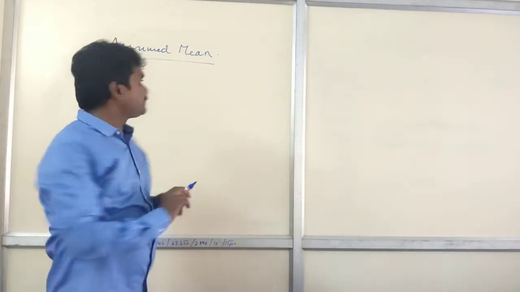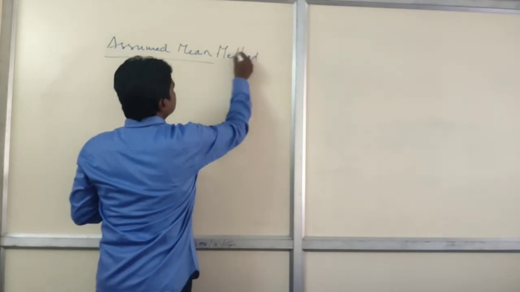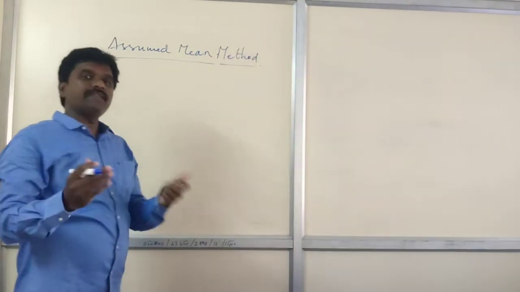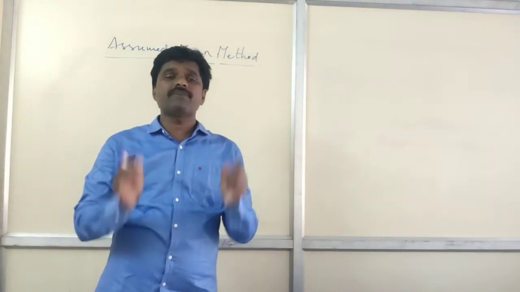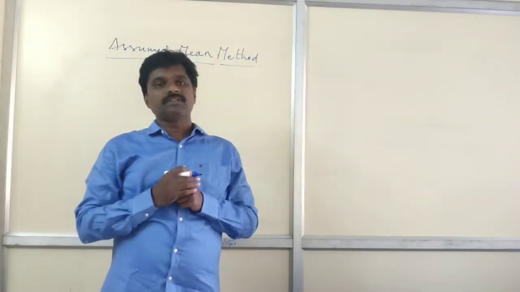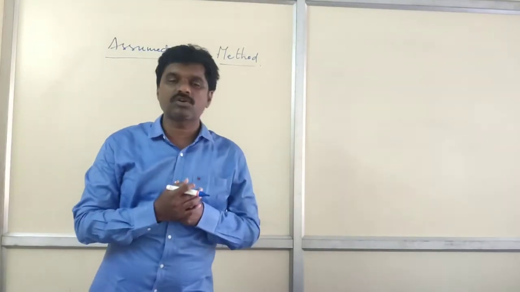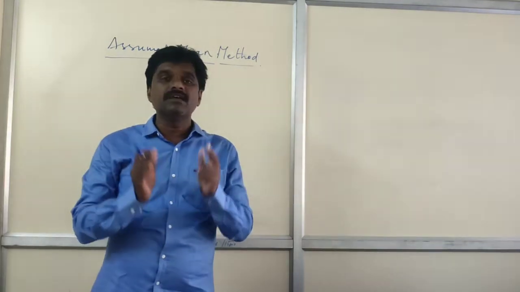So this method is called the assumed mean method. We use this method when the number of observations is more and the frequency is more, to calculate the average or mean for the given data.